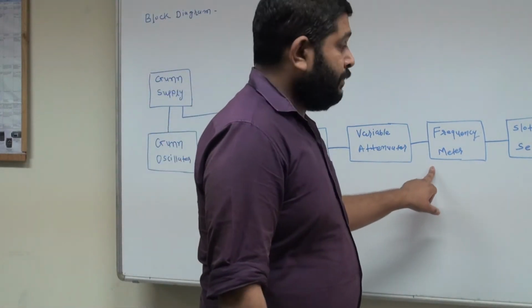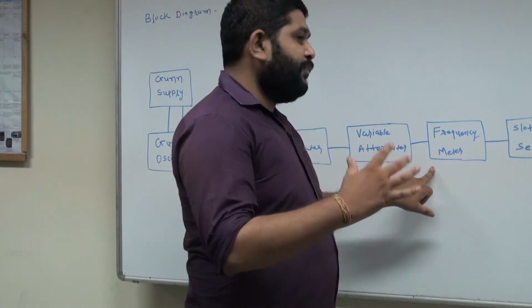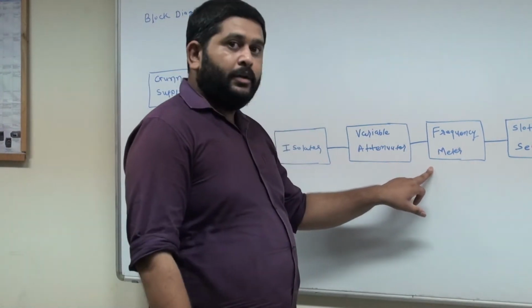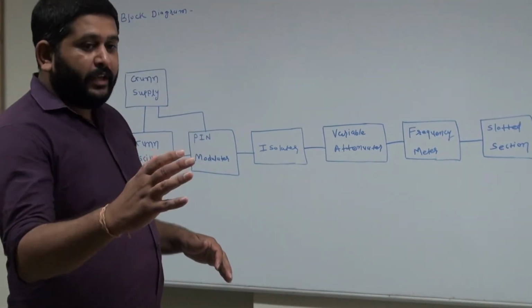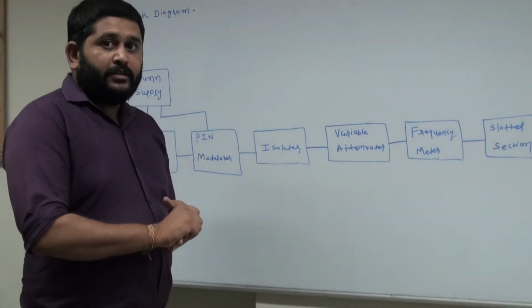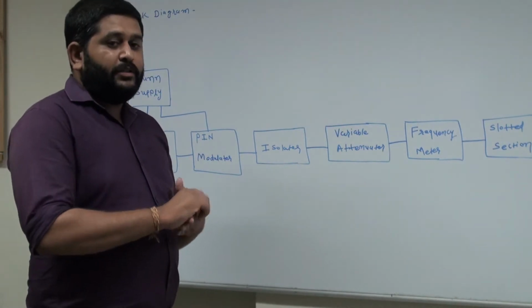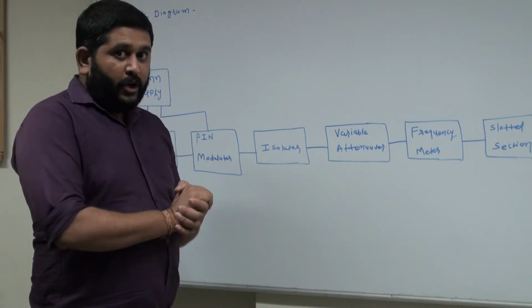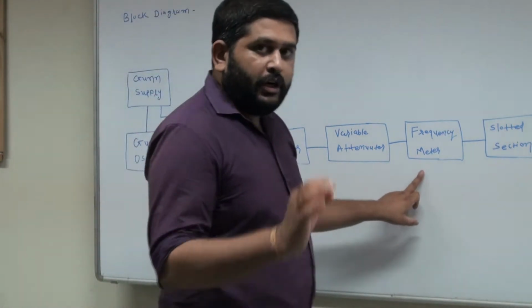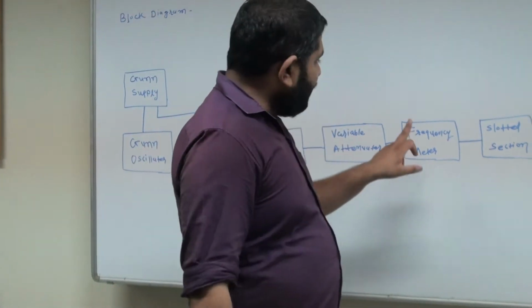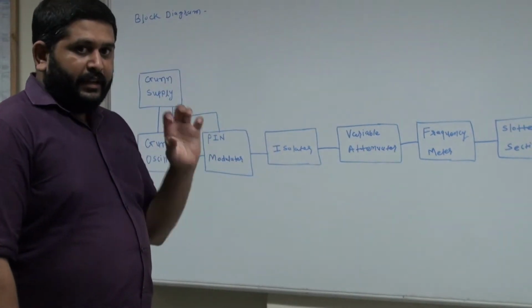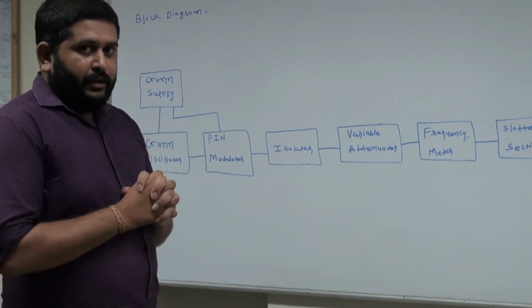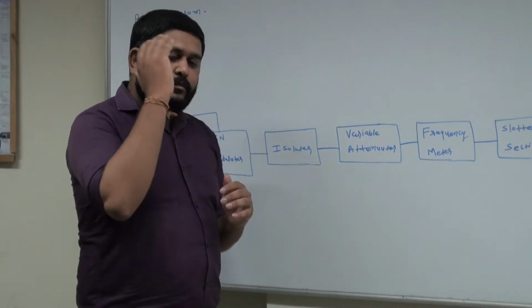And then next is the frequency meter. Here the X band frequency is very high, 8 to 12 GHz, and that frequency we can't measure using an oscilloscope. Because of that reason, here we have used the frequency meter, and the frequency meter has a cavity, and that cavity has some dimension, and that dimension corresponds to a frequency.